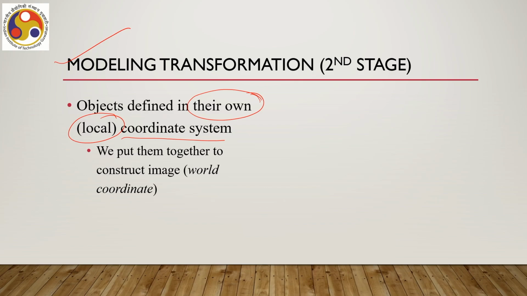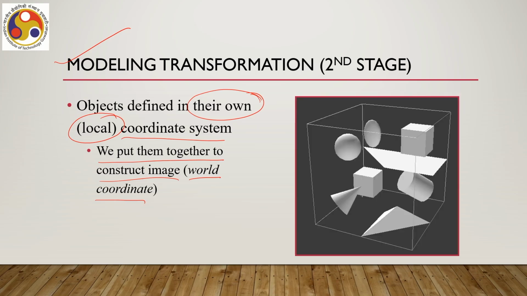So, we need to put them together in a common coordinate system to construct the overall image. That is called the world coordinate system. So, there is a transformation from the local coordinate system to the world coordinate system, and that is the second stage, the modeling transformation.